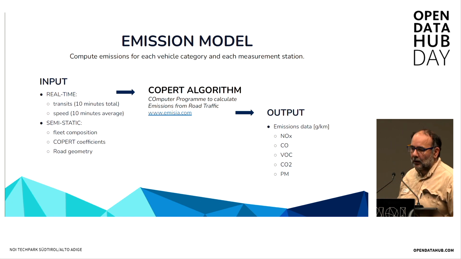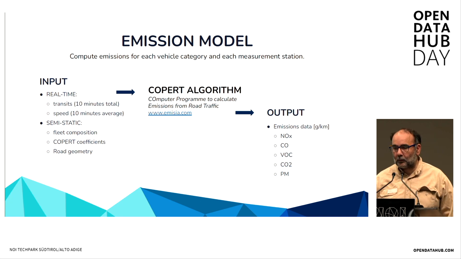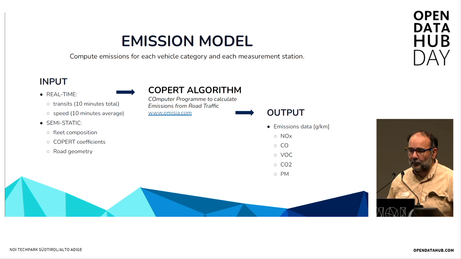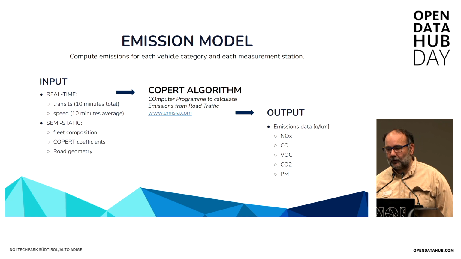So all this data are put inside an algorithm which is based on a European standard, which is named COPERT. COPERT means computer program to calculate emission from road traffic.